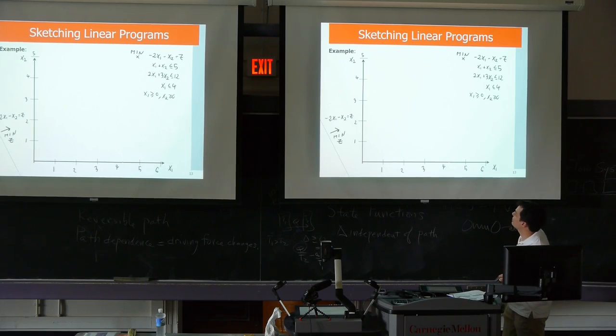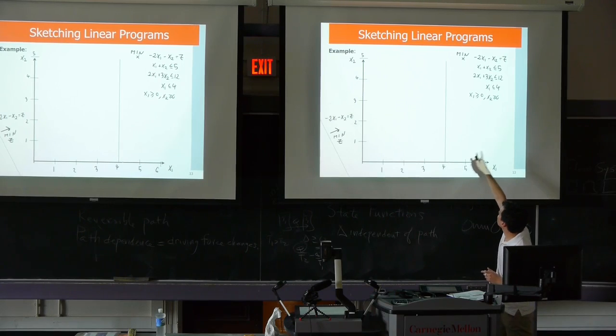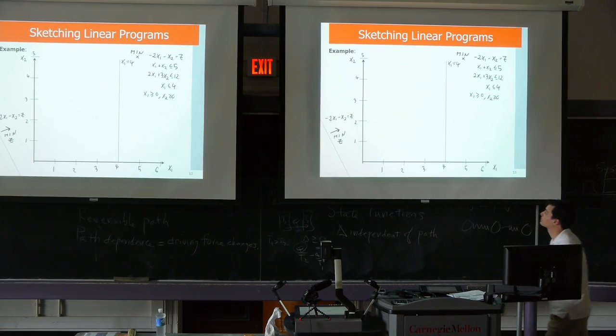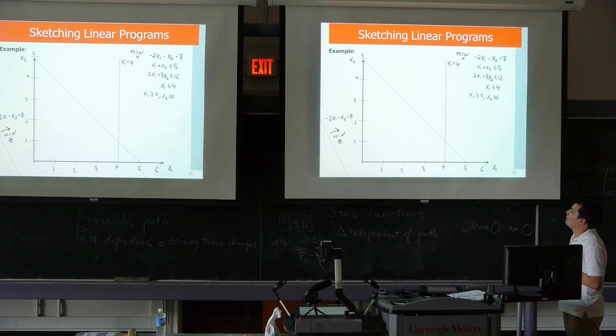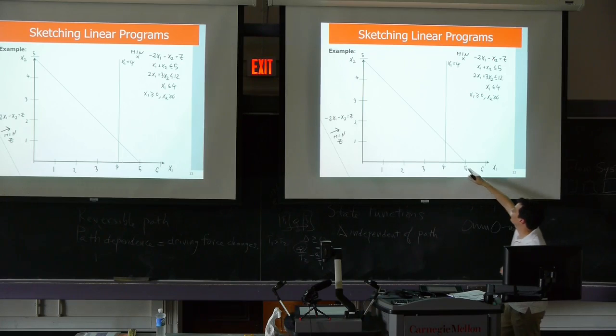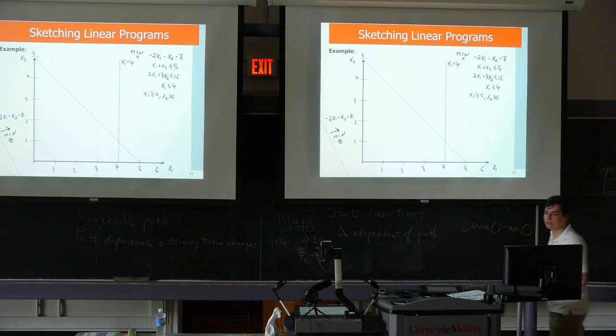Let's discuss it later. So first, let's see the equations. Say x1 is 4, so this is just this line here. We have another inequality, x1 plus x2 is less than or equal to 5, so I'll draw this line.